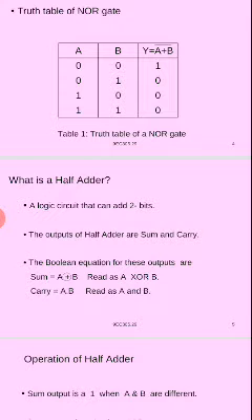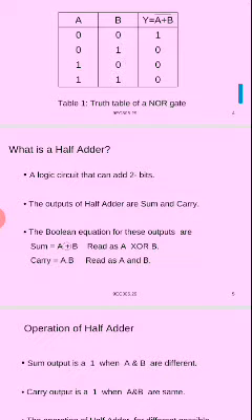We can notice one thing in the truth table: if all inputs are 0, then only the output becomes 1. That is the operation of the NOR gate. We need to remember this.